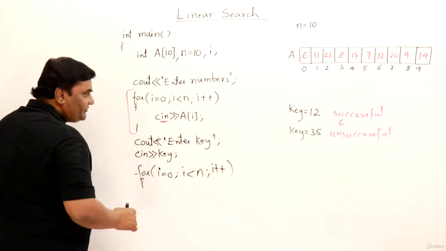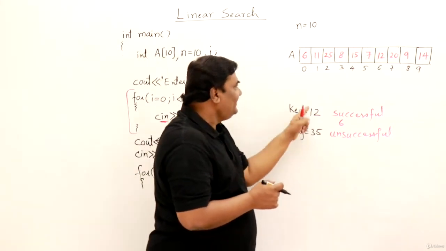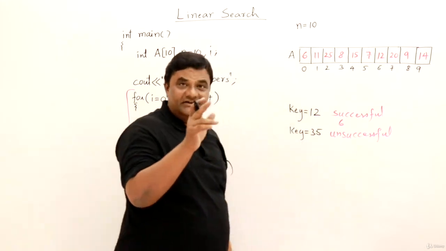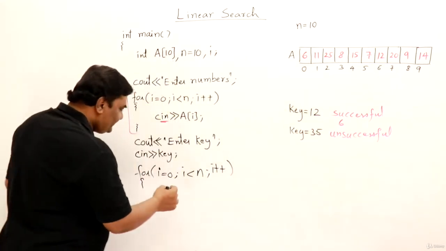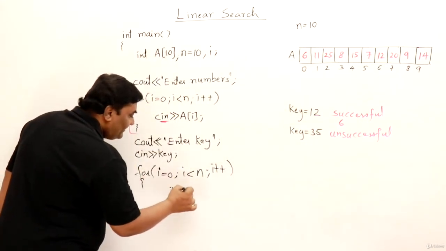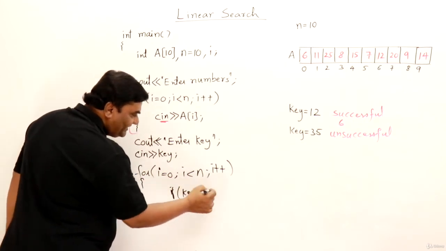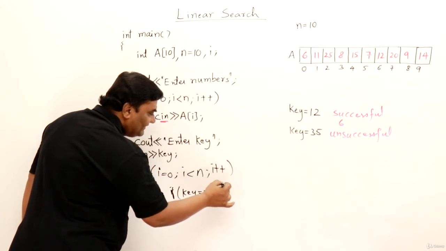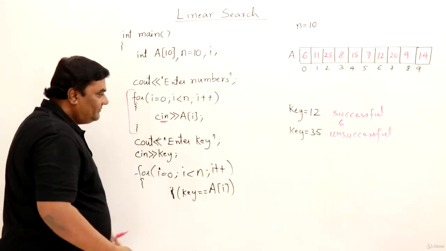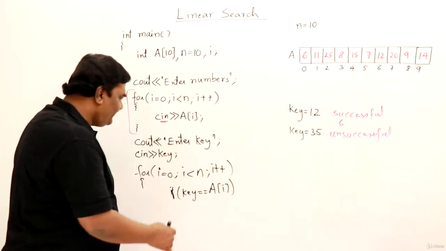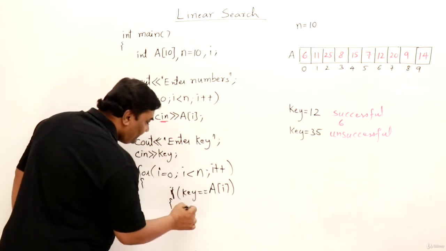Now each time what I should do is check whether the key value is equal to A of i. If it is equal, it is found. So I should check if key is equal to, this is the equal-to comparison, right, A of i. If it is equal, it means the key is found. So I should give a message that the key is found.